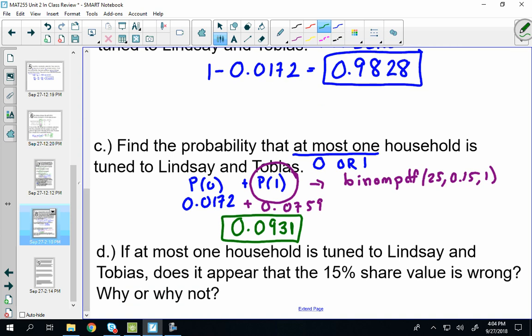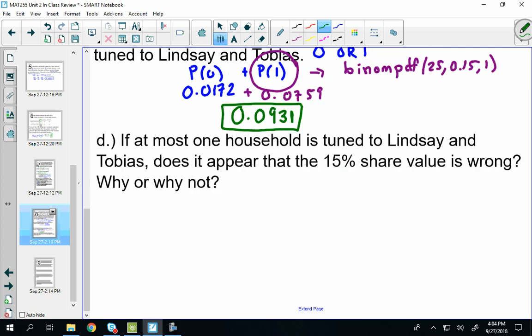If we look at part D, it says if at most one household is tuned to Lindsay and Tobias, does it appear that the 15% share value is wrong? Why or why not? So with this, we need to think back to one of those definitions of unusually high and unusually low.